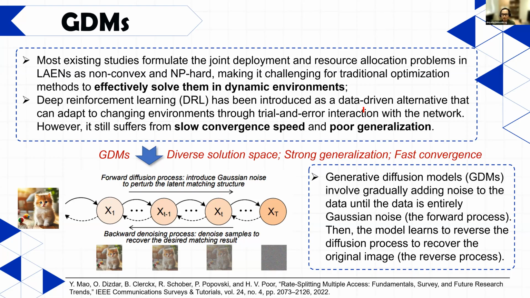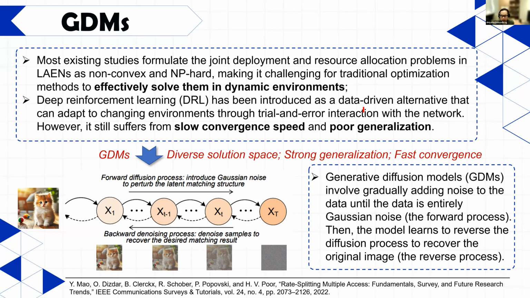Deep reinforcement learning performs trial-and-error interaction with the network so that it can explore possible solutions and exploit the optimal solution. However, this still suffers from slow convergence speed and poor generalization when we want to adapt the optimization to a new environment.